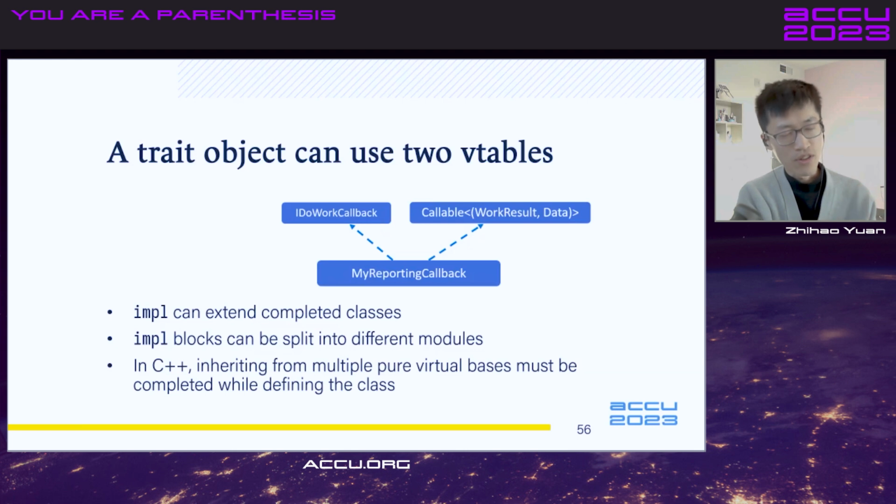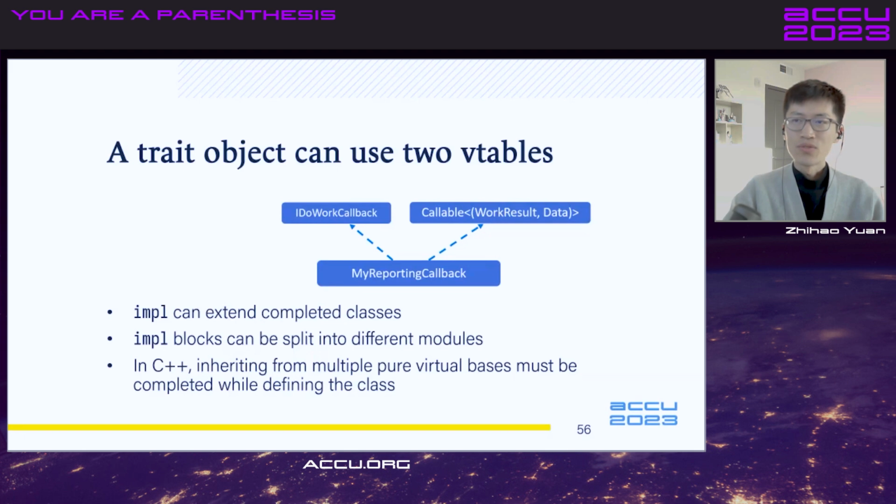When you provide the class body, you have to list all the interfaces you're going to implement. After your class body is closed, you cannot add more interfaces. You cannot say, hey, in this file I implement interface A, and in another file I implement interface B. You cannot do that.